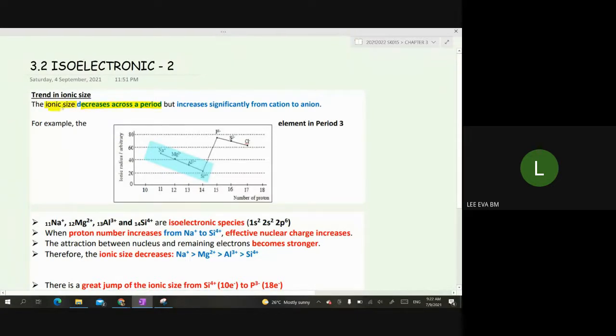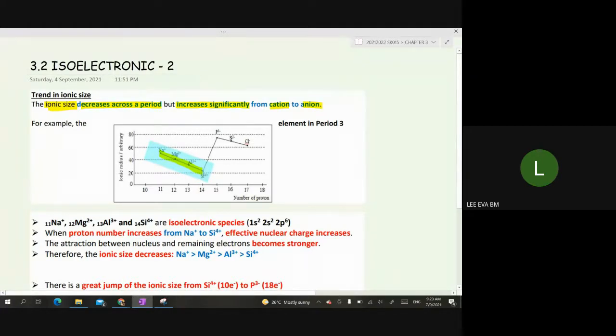Now we are talking about ionic size, when you form Na positive, Mg2 positive. But it will increase significantly from cation to anion. We know that an anion is bigger because it has more electrons, and a cation is smaller because it has fewer electrons. If you look at this diagram, you can see the trend going down. Going across a period for sodium to silicon, the ionic size decreases.